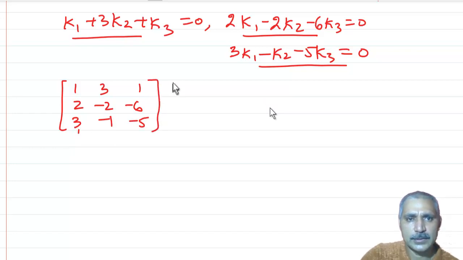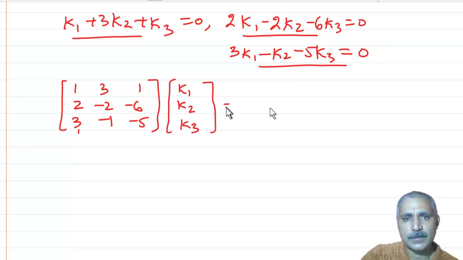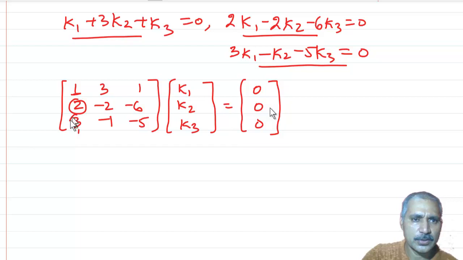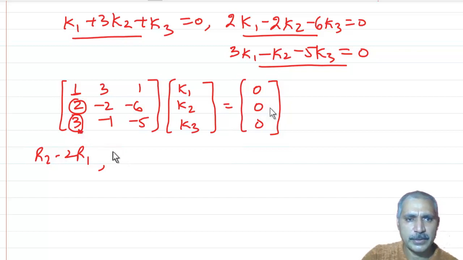Here it will be the corresponding k1, k2 and k3 equal to 0, 0 and 0. Now here this is 1. With the help of this one we will be making this 0 and this one 0. So R2 minus 2 times R1, and for making this 3 into 0 it will be R3 minus 3 times R1.